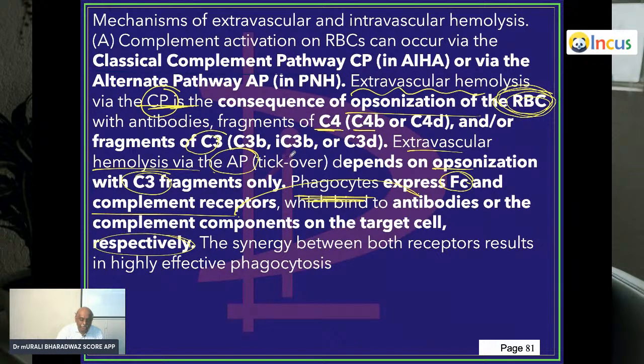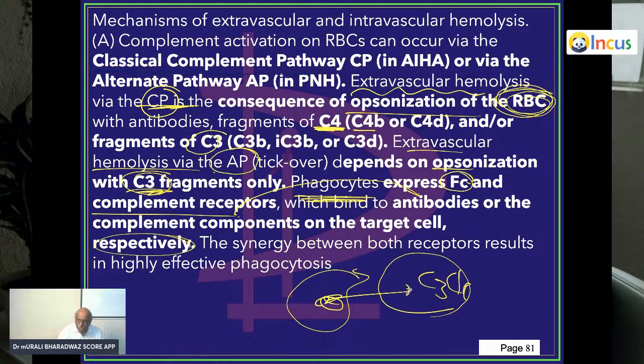One extravascular route is via the classical complement pathway, another is via the alternate pathway, so both are there. Forget intravascular for now: your splenic macrophages attack based on C3 and C4. That's how extravascular hemolysis occurs.